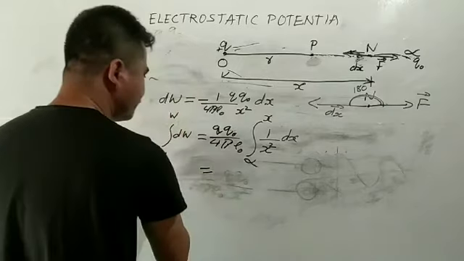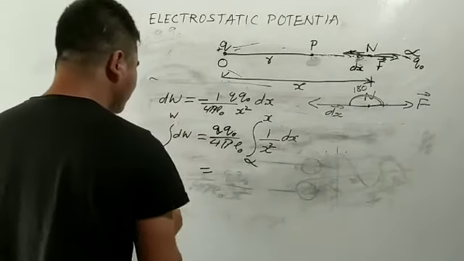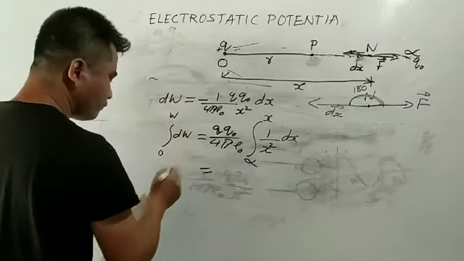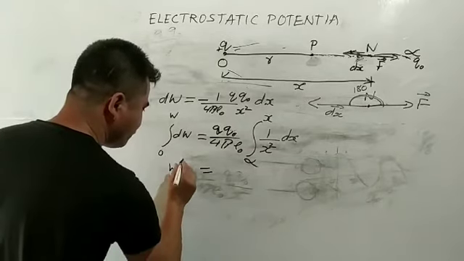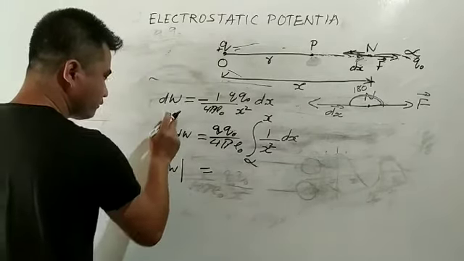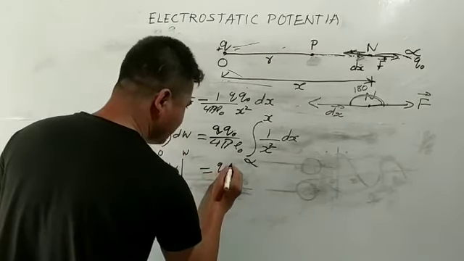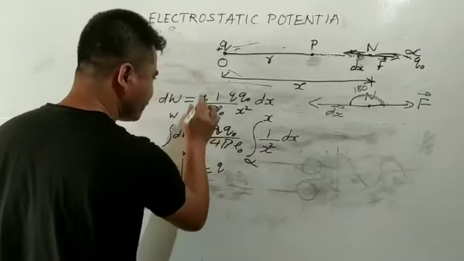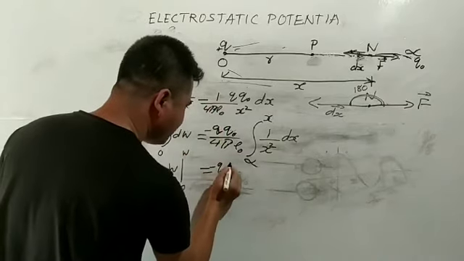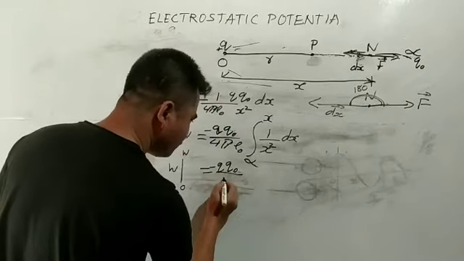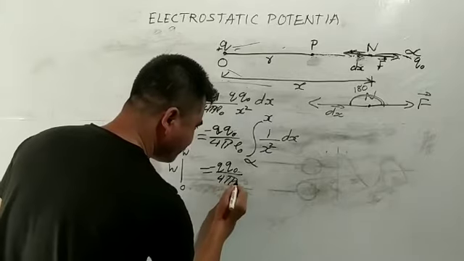Now if you integrate this, dW integration will be W only, right? W integration is from 0 to W. So here it is minus, minus is there, Q naught by 4 pi epsilon naught.